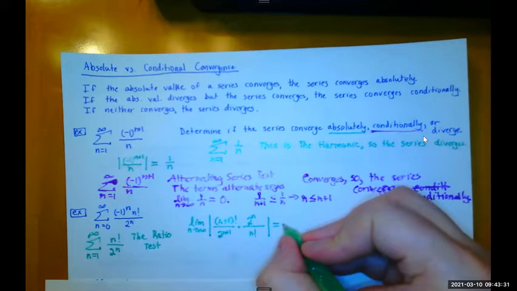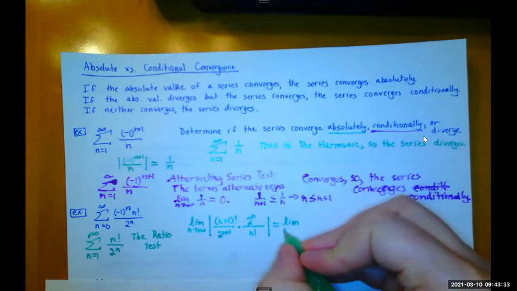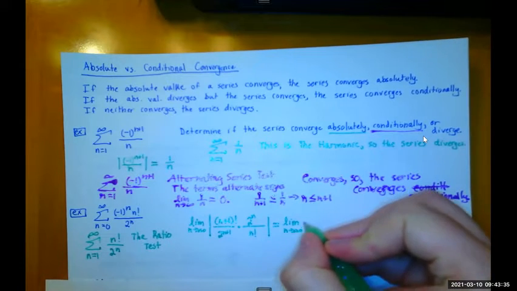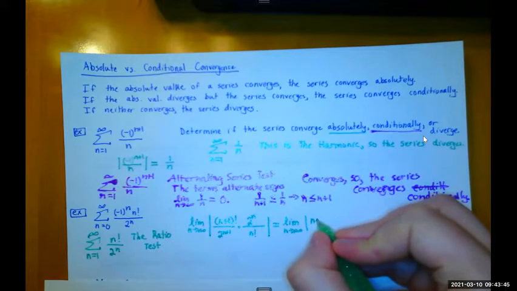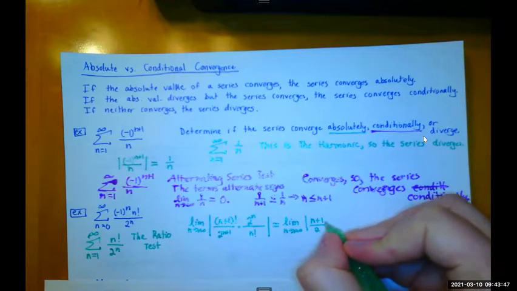And if I simplify, this equals the limit as n approaches infinity of the absolute value of n plus 1 divided by 2.